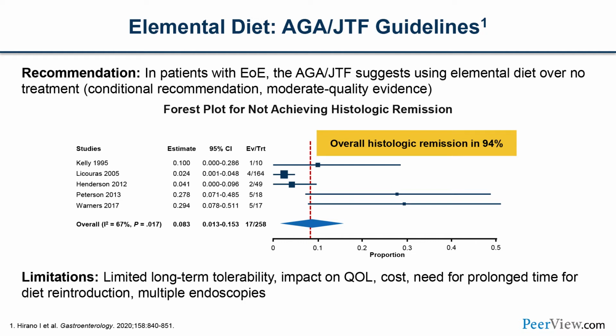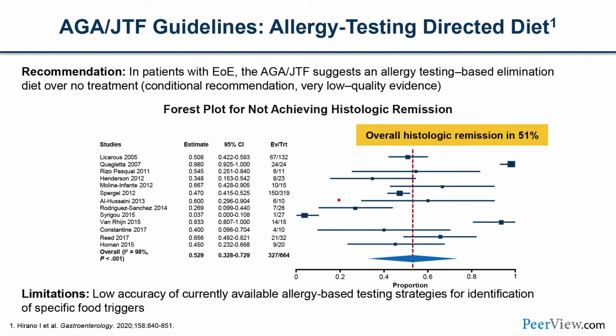And you can see the forest plot here for not achieving histologic remission. Again, it's a conditional recommendation, because the quality of evidence is not that high. And we just talked about the limitations of doing these elemental diets, but again, they are better than no treatment. How about the allergy testing directed diets?